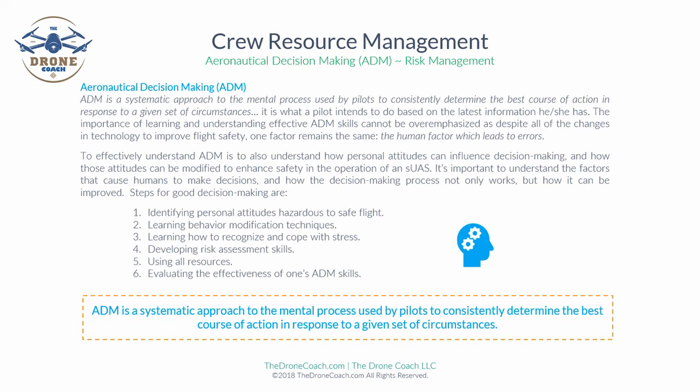So steps for good decision-making are identifying personal attitudes hazardous to flight safety, learning behavior modification techniques, learning how to recognize and cope with stress, developing risk assessment skills, using all resources, and evaluating the effectiveness of one's ADM skills. So remember this again: ADM is a systematic approach to the mental process used by pilots to consistently determine the best course of action in response to a given set of circumstances.